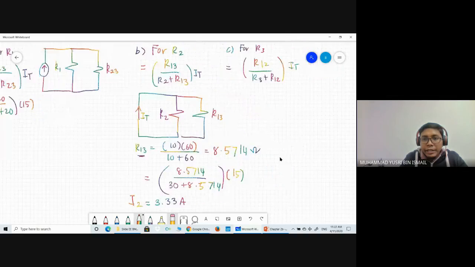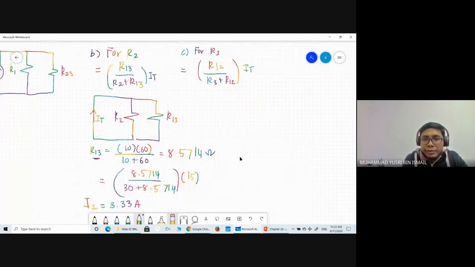Now we move to I3. This is the current source, which is I total, and this is R3.